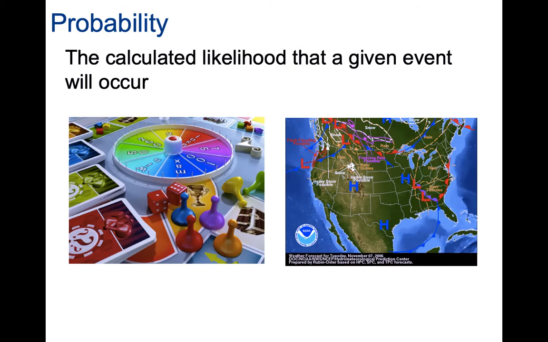So, introduction to probability is the likelihood that a given event will occur. Okay, so the probability that I will roll a 3 on a die can be calculated simply by taking the number of outcomes I'm looking for, which in this case is 3, and that's one outcome. I'm looking for a 3. And how many outcomes are possible? Well, with a die, there are 6 sides.